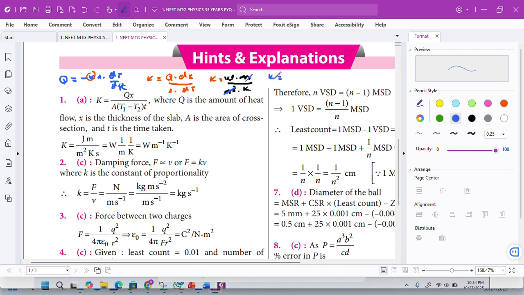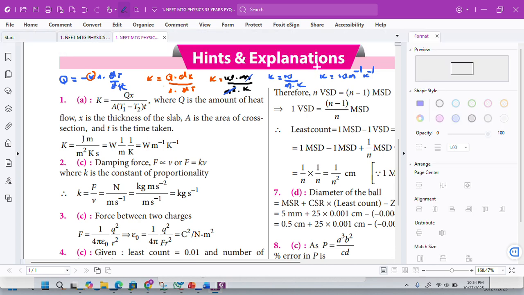Then what is the final term now? K is equal to watt divided by meter square, meter gets cancelled, one meter is left out at the denominator side, so meter into K. This is in the denominator, so I will take it to the numerator. Then K is equal to watt, meter to the power of -1, and K becomes K to the power of -1, dear students.